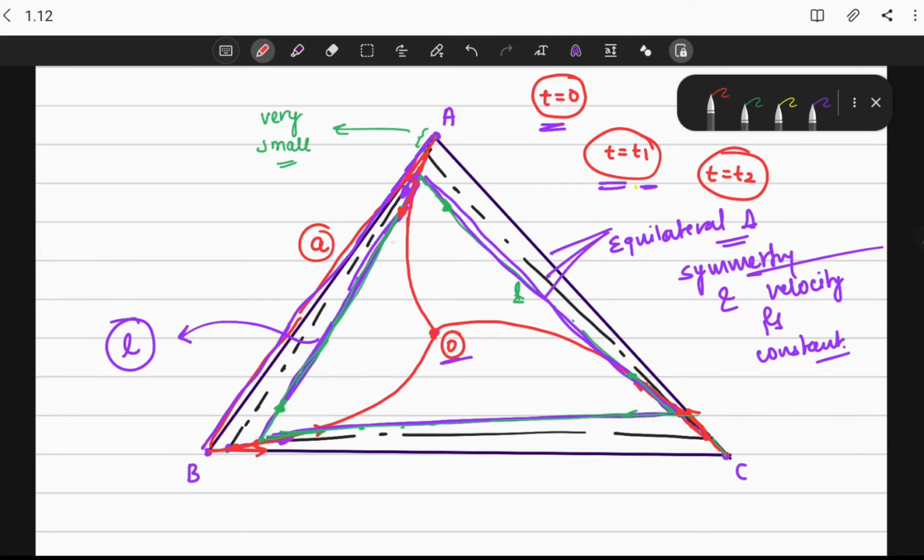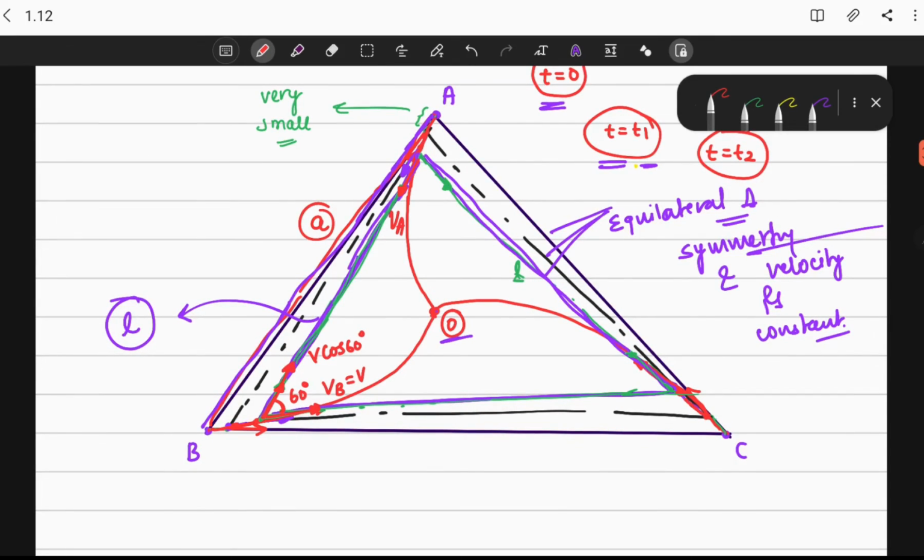This is the velocity of A, and in this direction the component of velocity: V_B is equal to V, and this angle is 60 degrees. So the velocity in this direction will be V cos 60 degrees. If we look carefully, the velocity in each triangle in this direction is always the same, that is V cos 60 degrees, so that is also constant.